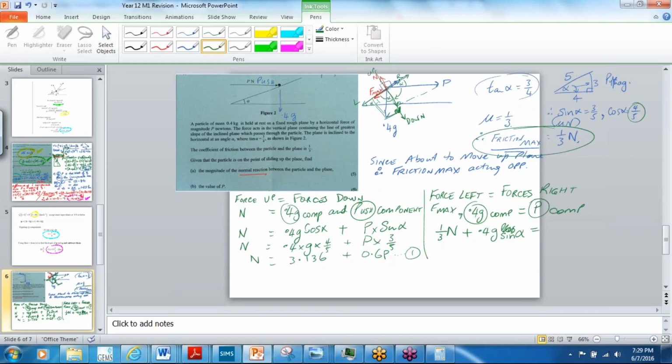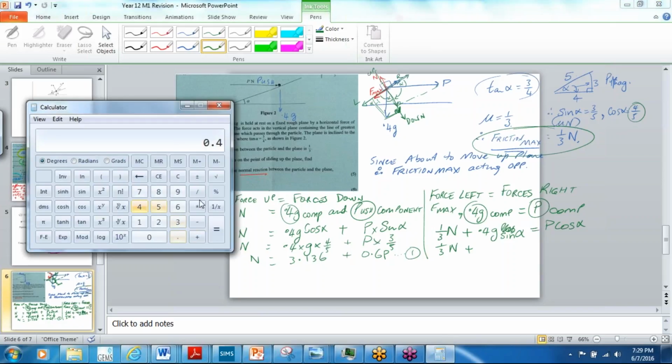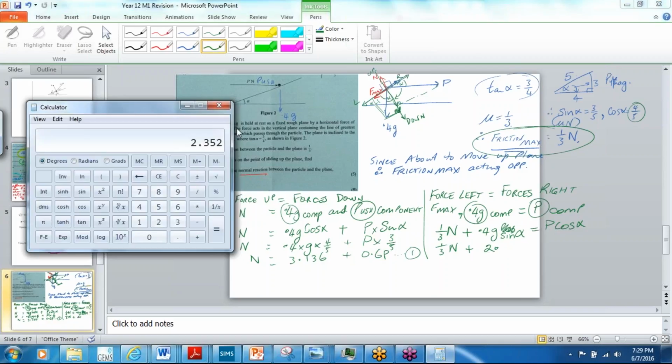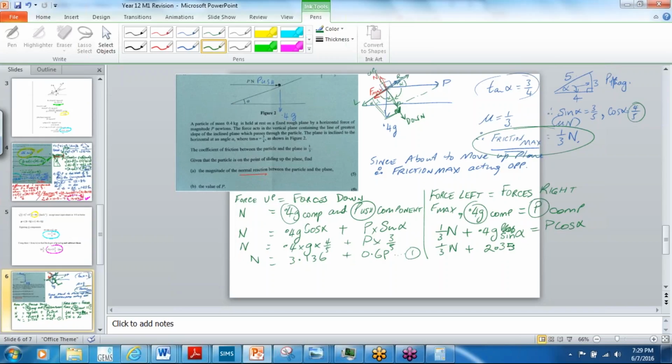And this is P cos alpha because it is resolving through at the angle alpha. So 1/3 N plus, let's work this one out, 0.4 times G, 9.8, times sine of alpha, which is 0.6. So 2.352 equals cos of alpha is 0.8, so 0.8P. Now there's our second equation.